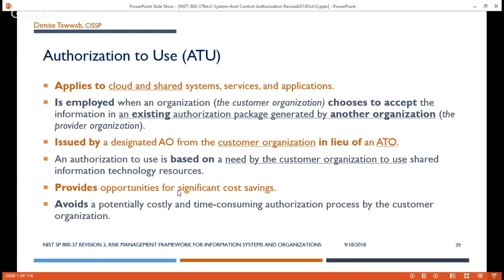This is great, but how do we authorize their system? How do we know that it's safe to use their systems? Well, they give us an authorization package. We take that authorization package and we look at it and we match it against our security requirements, and the AO will issue an authorization to use if he or she deems that the risk is acceptable based on what's in the authorization package provided by the cloud organization.